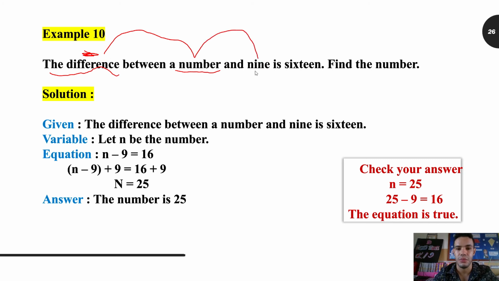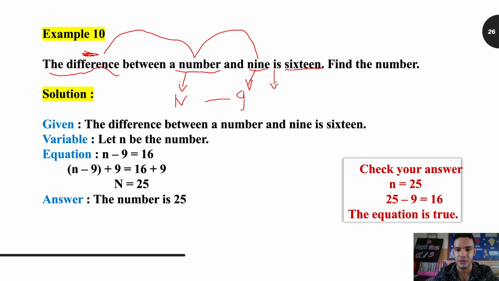So here we've got a number, we've got 9, and we've got 16. So let's write it down. So it will be a number here, n, and 9. Alright, here we're gonna write the equation. So we've got the difference between them. It means minus, and minus 9 is what?